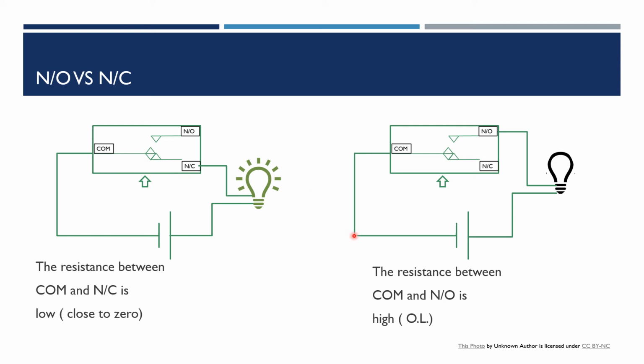Another difference between normally open and normally closed: in order to indicate which one is which, you need to measure the resistance between the common and the normally closed terminal. This is what you're going to do at the beginning of your experiment. You're going to use a multimeter to measure the resistance between the common and normally closed.